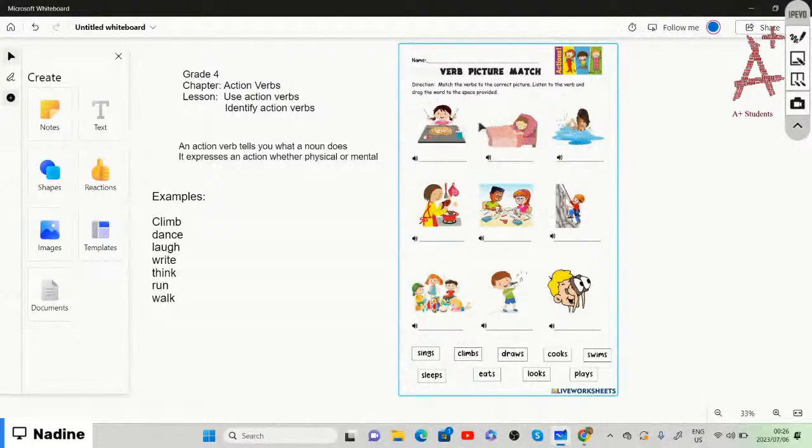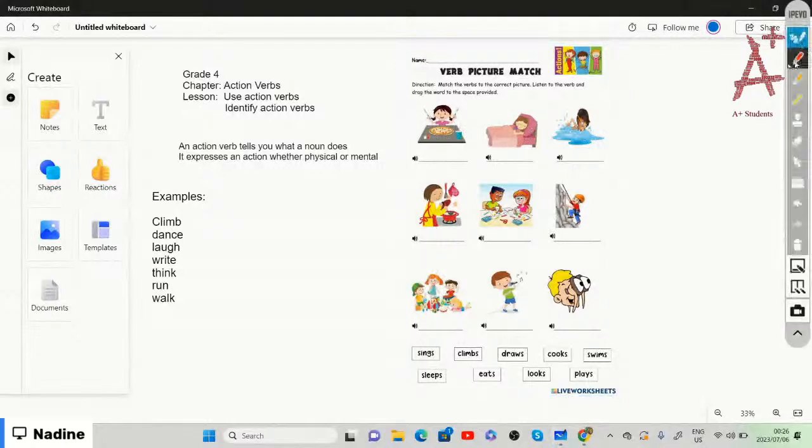So if we look at the first picture, what is the girl doing? The girl sings, climbs, draws, cooks, swims, sleeps, eats, looks, or plays.